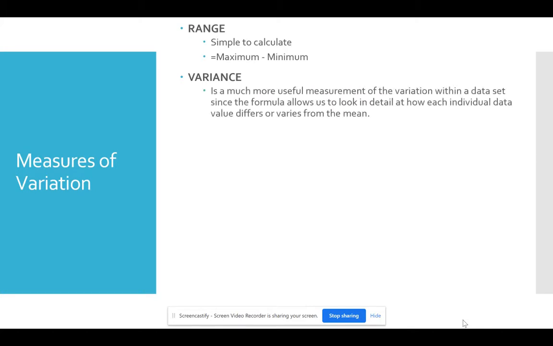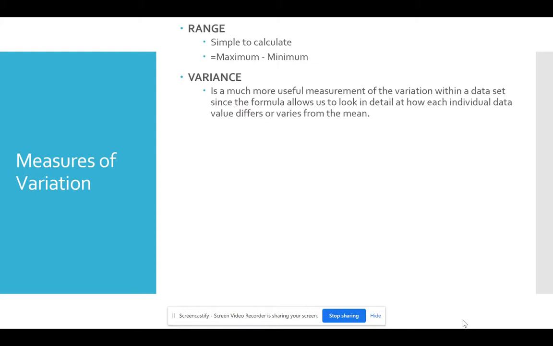Variance is actually probably the best or ideal measure of variation to use, since the formula lets us look at how each individual data value differs from the mean.